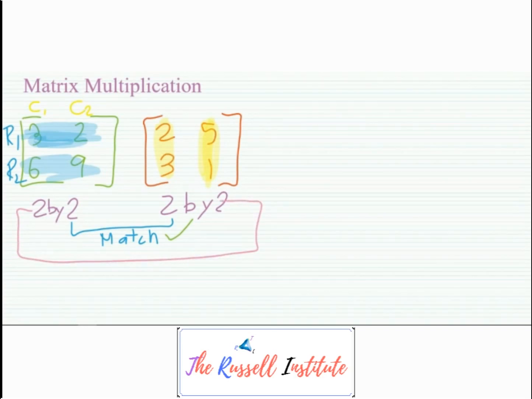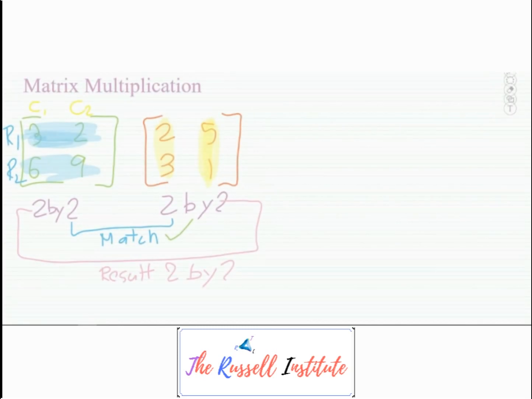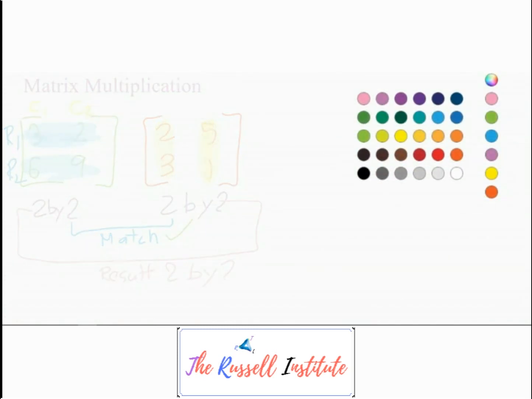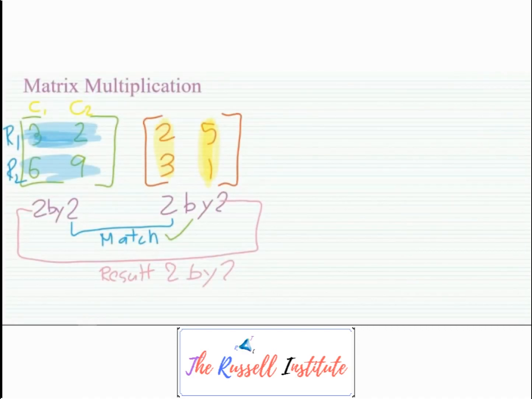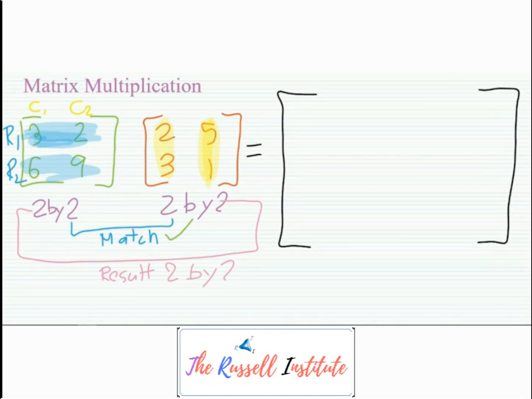So the resulting matrix will be a 2 by 2. So we know that our answer must also have 2 rows and 2 columns. So let's set it up here. We're going to have 2 rows and 2 columns.